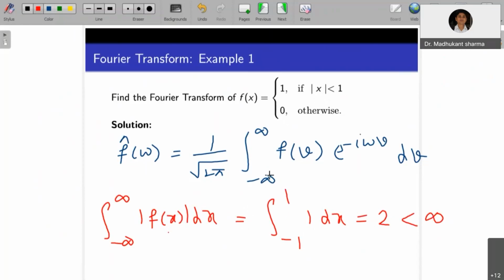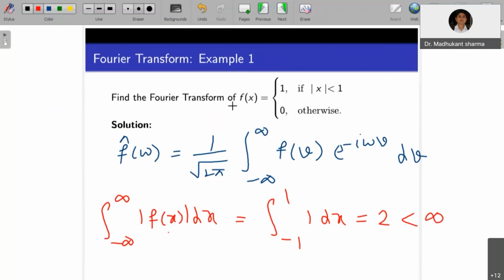Now the second thing is whether f is piecewise continuous. At the end points, we only need to check at x equals minus 1 and at x equals 1. It is very clear that it has a jump discontinuity. From 0, it suddenly jumps to 1 when x is minus 1. Similarly, when x is 1, it jumps from 1 to 0. So the left hand limit and right hand limit are not equal.